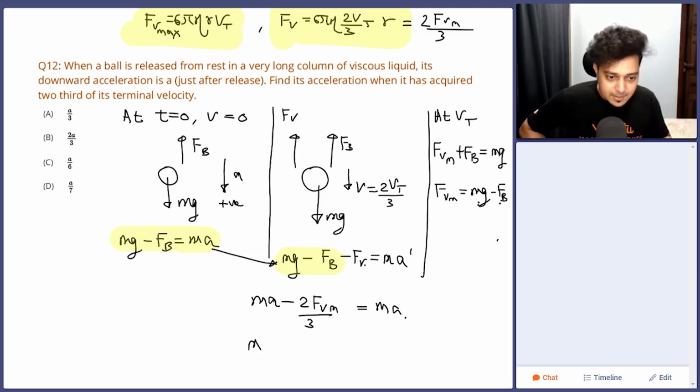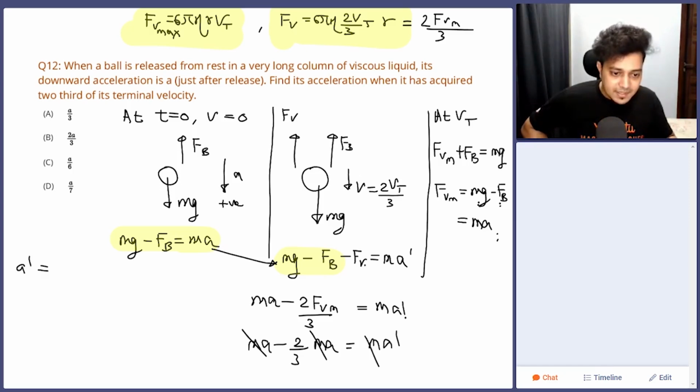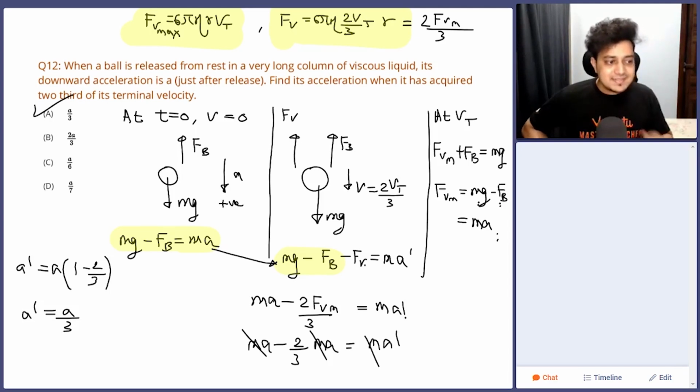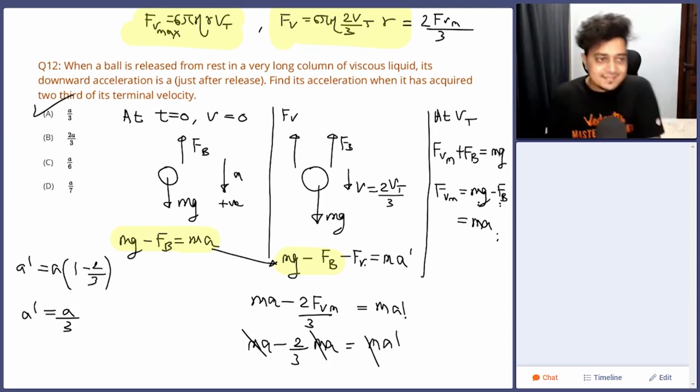So this is ma, remains as it is, and this 2/3 of Fv max is also equal to ma. So for the acceleration in this case, we can take m common, cancel it and rearrange the terms. So A dash will be equal to, take A common, 1 minus 2/3. So A/3 is the answer. Correct answer is A. Clear?